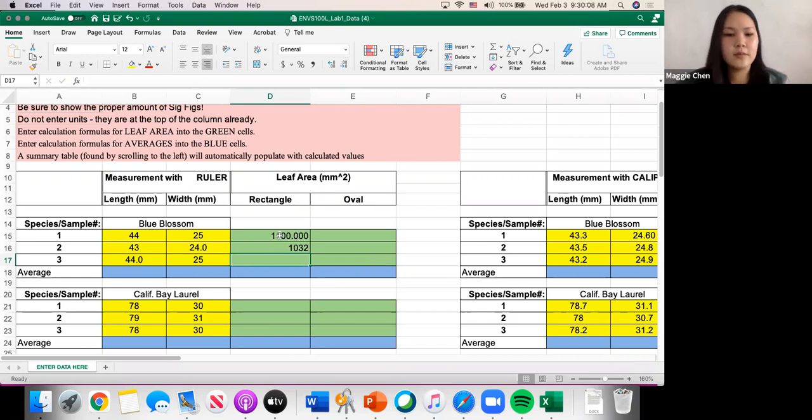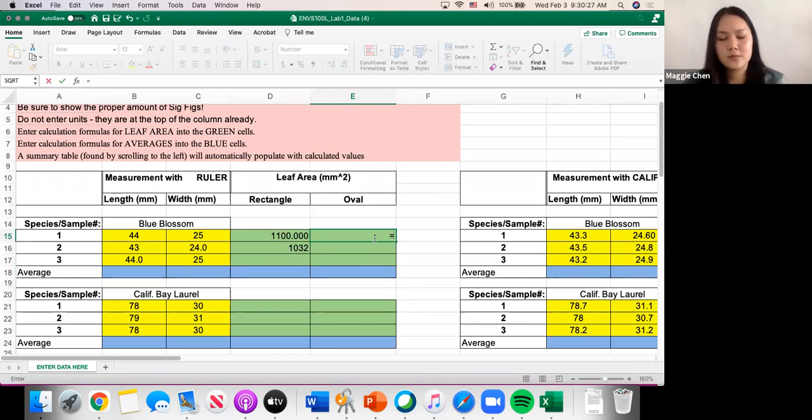Either one works, but from here, we can also start getting our oval area too. So the equation for that, again, we're going to start our equation with an equal sign. The equation is pi over 4 multiplied by length times width, basically. So we can get our pi function by first putting in our parentheses, and then capital P and I for our pi, and then the function should pop up, and we'll just click on that pi function, and it'll start our parentheses for us.